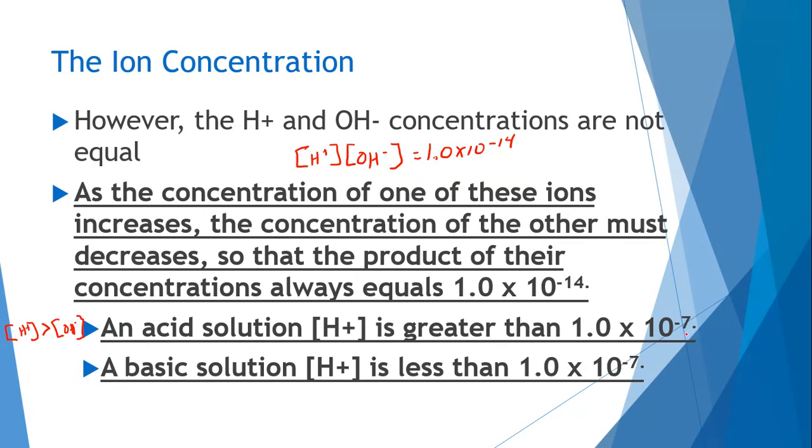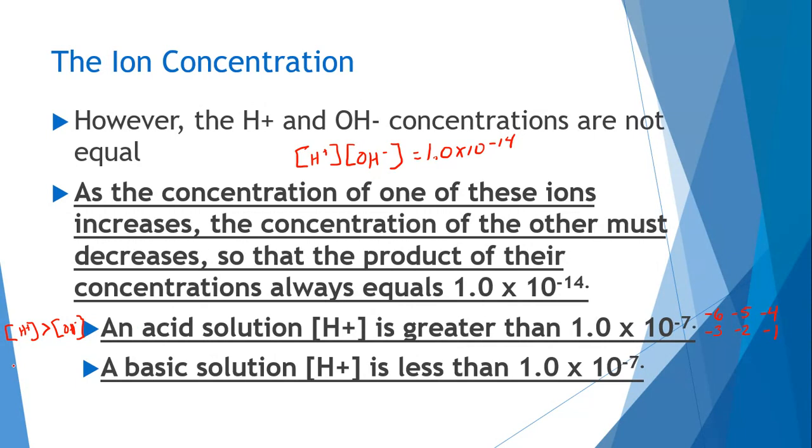Now, negative numbers tend to confuse people when we're talking about less than or greater than. So what that means is if you are an acid, you are typically going to have an exponent that is bigger than negative 7. This means numbers like negative 6, negative 5, negative 4, negative 3, negative 2, and even negative 1. Yes, you will get negative numbers. You will not be working with positive numbers here.